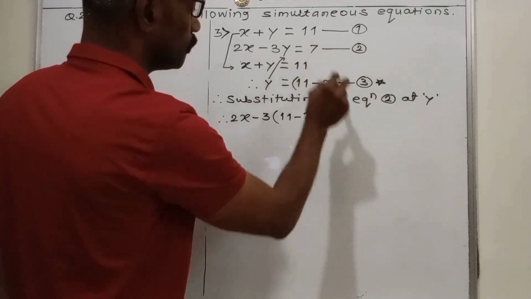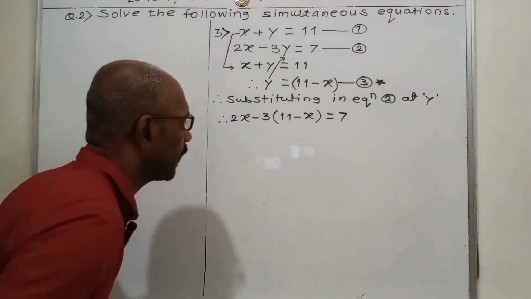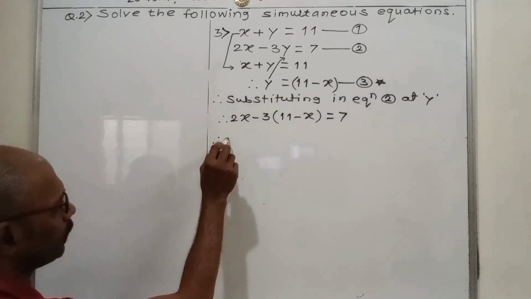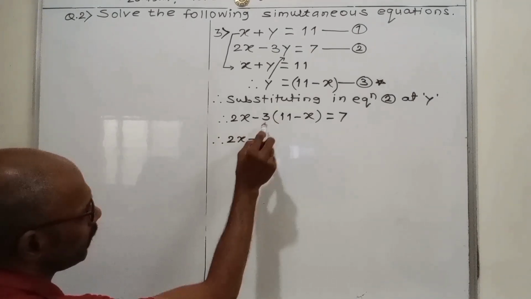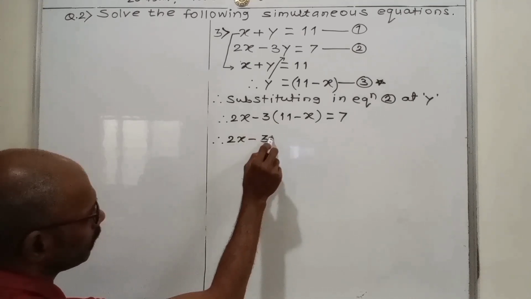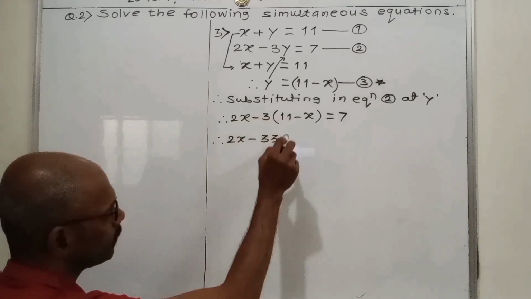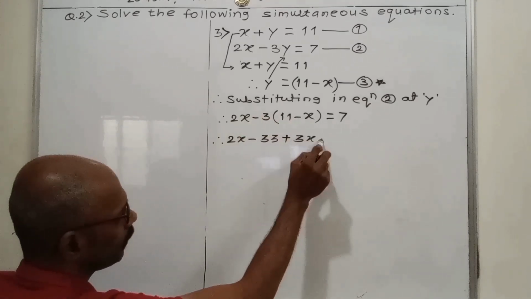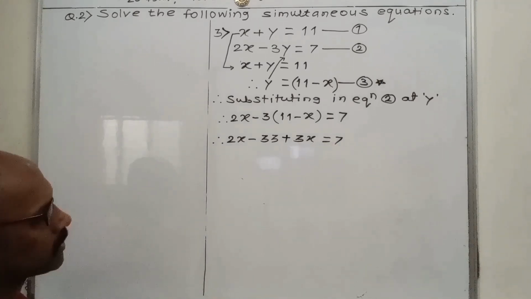Is equal to 7. Now we multiply the bracket by minus 3. Therefore 2x minus 3 into 11 is 33, minus into minus plus 3 into x, 3x is equal to 7.